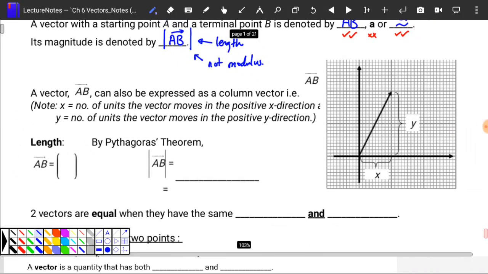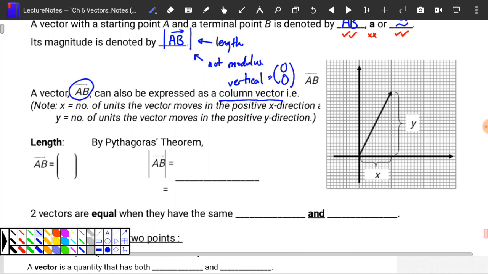Alright. So a vector AB can be expressed as a column vector. Today we are going to learn column vectors. The name suggests column, and column means vertical. So this is my vertical column vector. Usually a column vector is expressed as a number and a number.